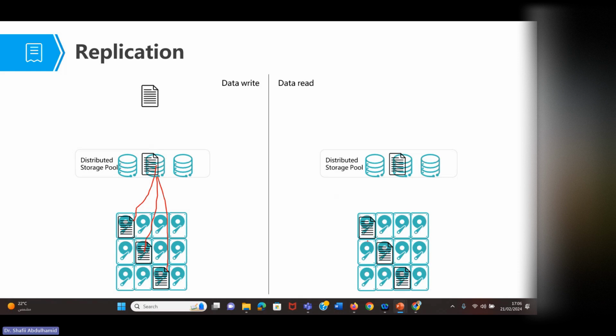In terms of reading also, as I said, in case one of the cloud's physical devices fails, you can still get it from another physical device, since they are geographically not located in the same place, unlike what we have where the physical devices are in the same system, except that they are connected through RAID technology. So this is what this one means.